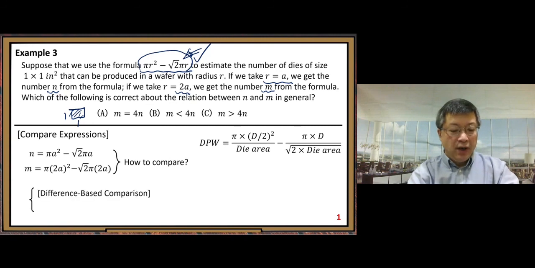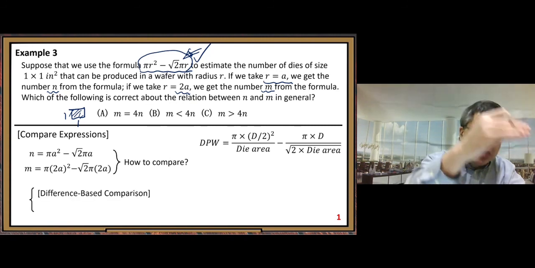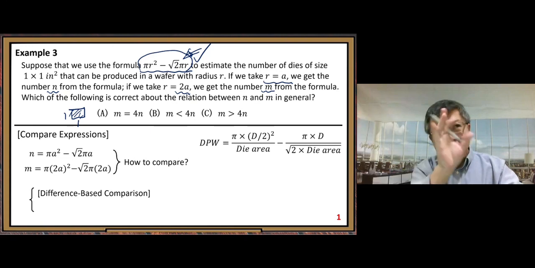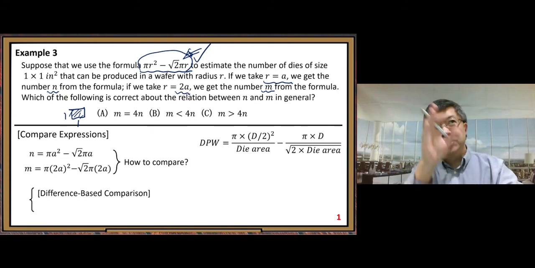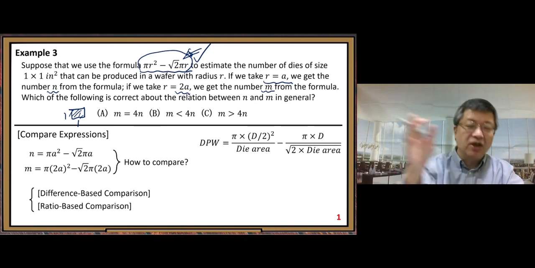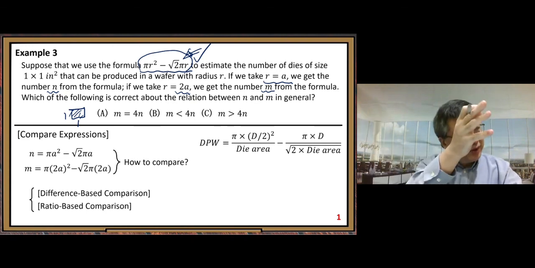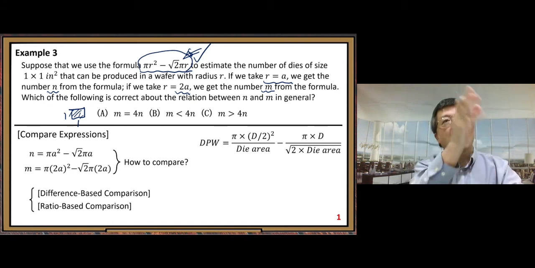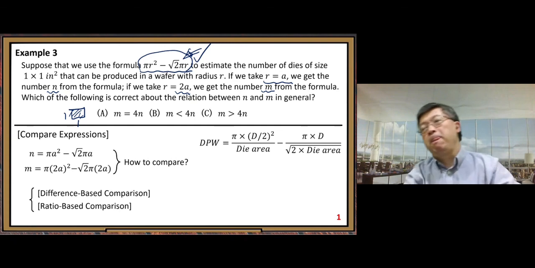The first one is called difference-based comparison. The second is called ratio-based comparison: you take a ratio, then calculate the ratio to tell you the comparison result.